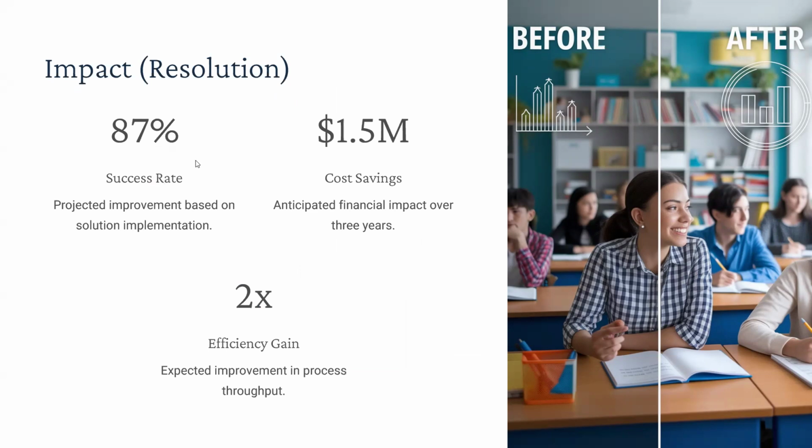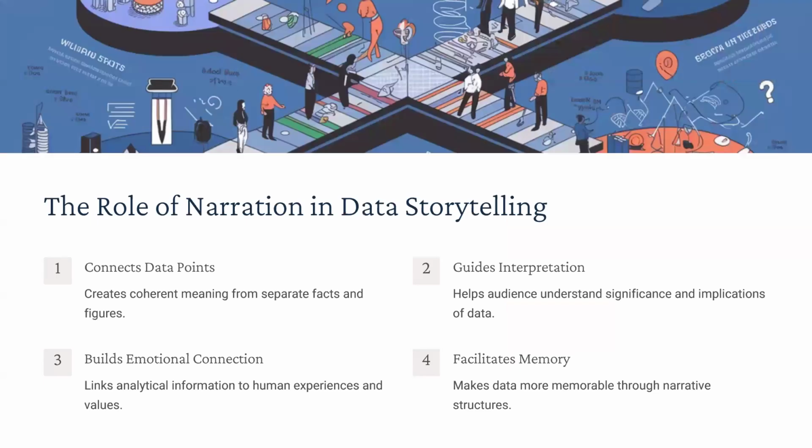And I put here some numbers to tell you that if we tell the story the way it should be, we can quantify how much impact it has on the audience, by checking the improvement in their future implementation, the cost they might save from implementing our story, and the efficiency they might gain from our story.